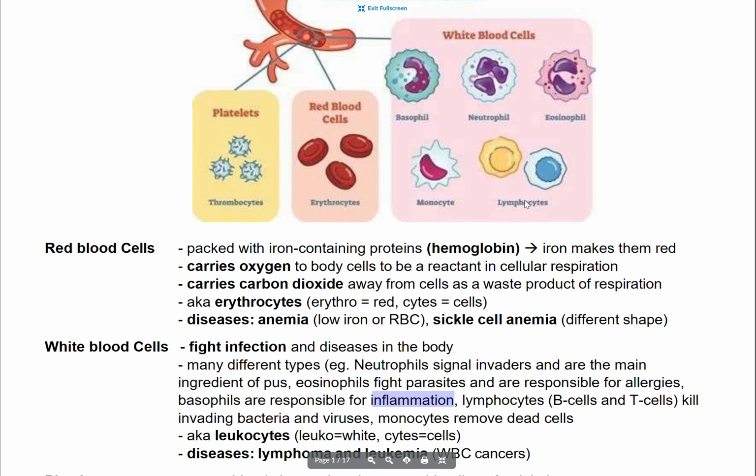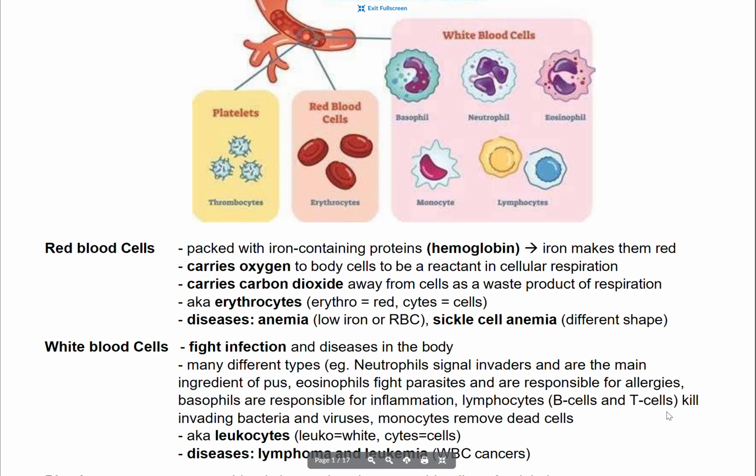You have lymphocytes. Lymphocytes are here. Those are your B cells and your T cells. They kill invading bacteria and viruses. If you have an immune disorder, for example HIV or AIDS, they monitor these cells really, really closely. When you have an infection, they go up like crazy, right?